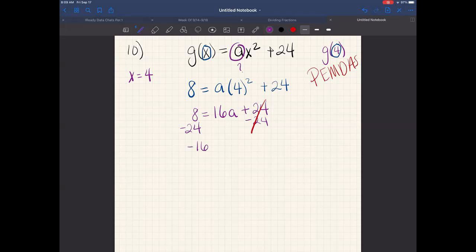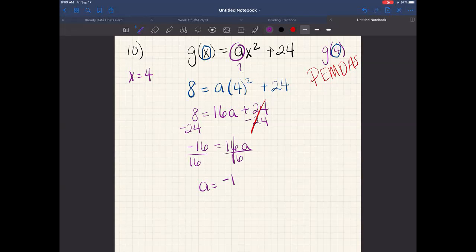Negative 16 equals 16a. What's my last step? Divide both sides by 16. A equals what? Negative 1.